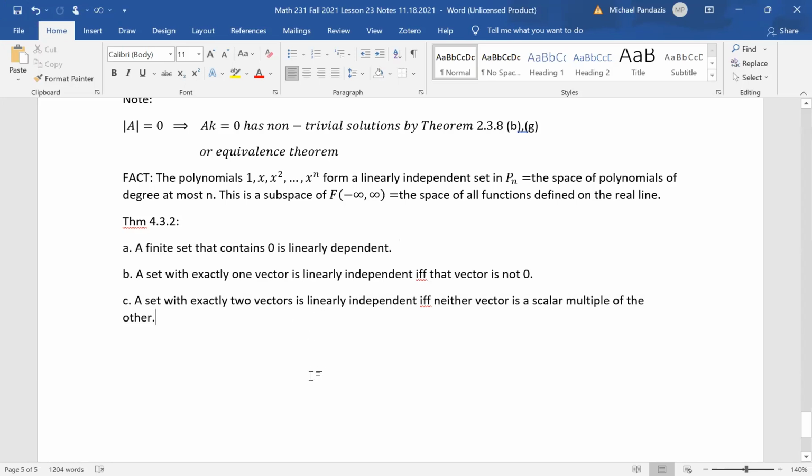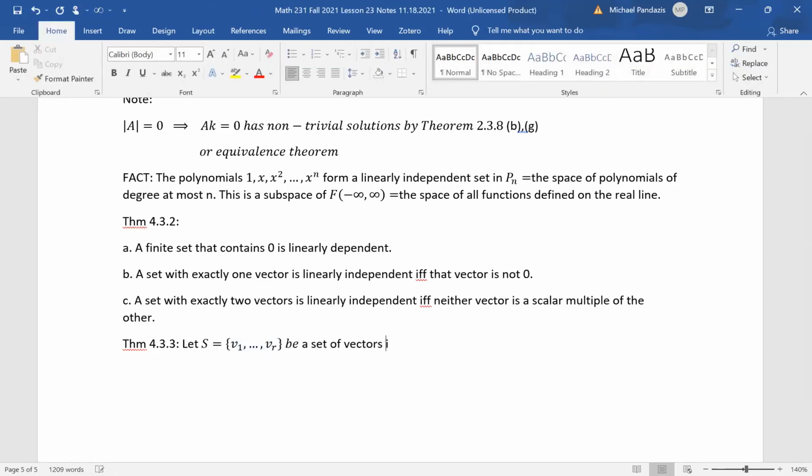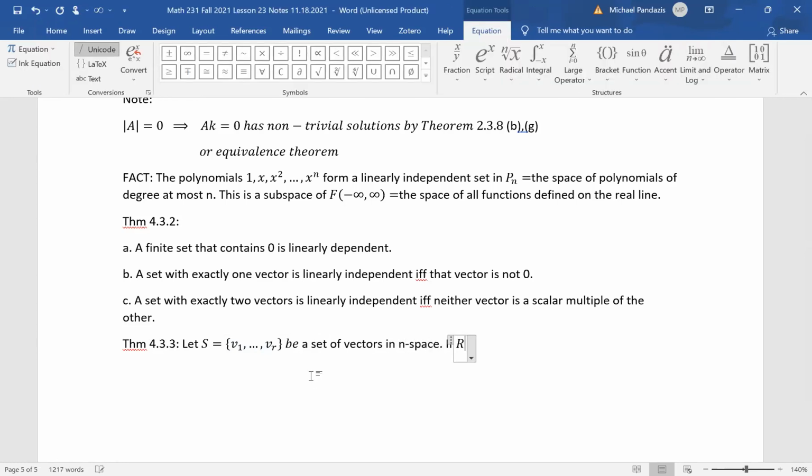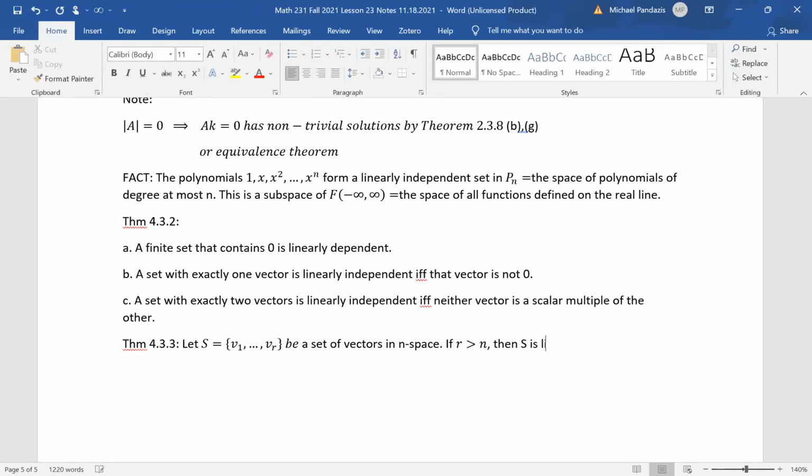Okay, so we have that theorem. Next is another theorem. Theorem 4.3.3. Let S equal v1 through v sub r be a set of vectors in n space, R^n. If r is greater than n, then S is linearly dependent.